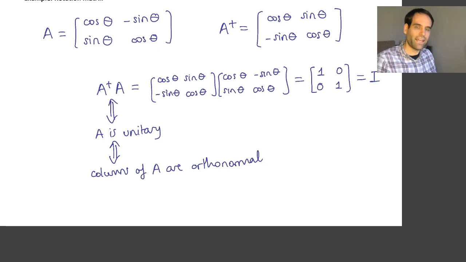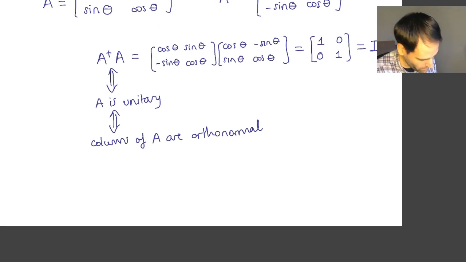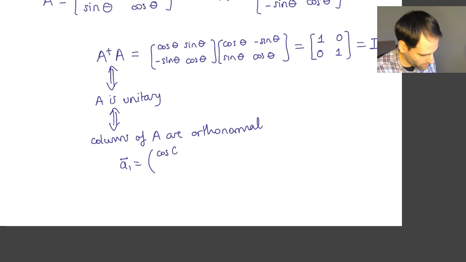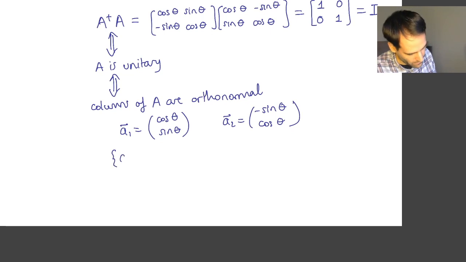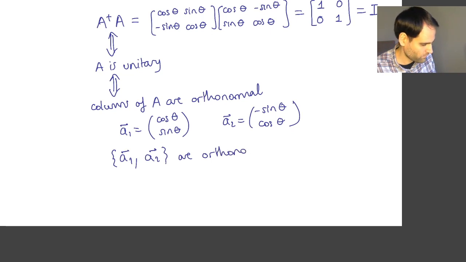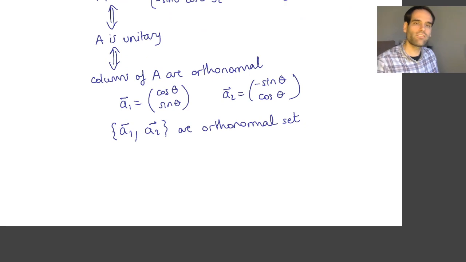So let's check that. The first column of A is this vector, cosine theta, sine theta. And the second column of A is this other vector, minus sine theta, cosine theta. So basically, we are saying that A1 and A2 are an orthonormal set. So their lengths must be equal to 1.